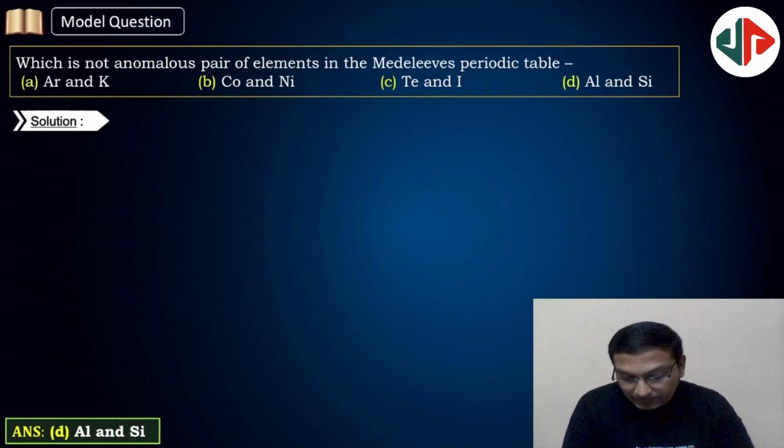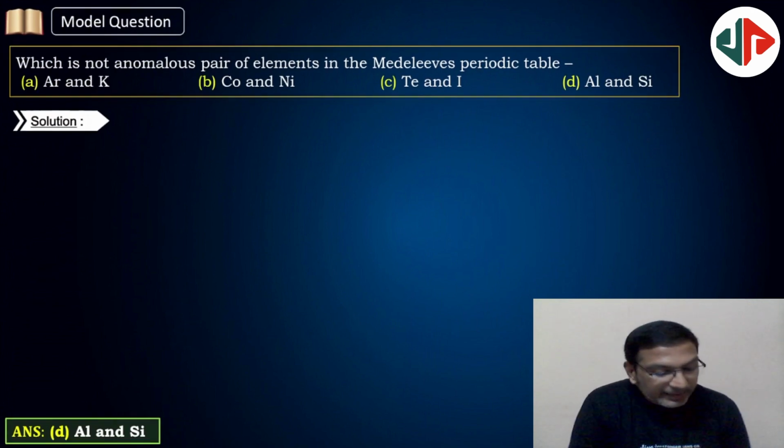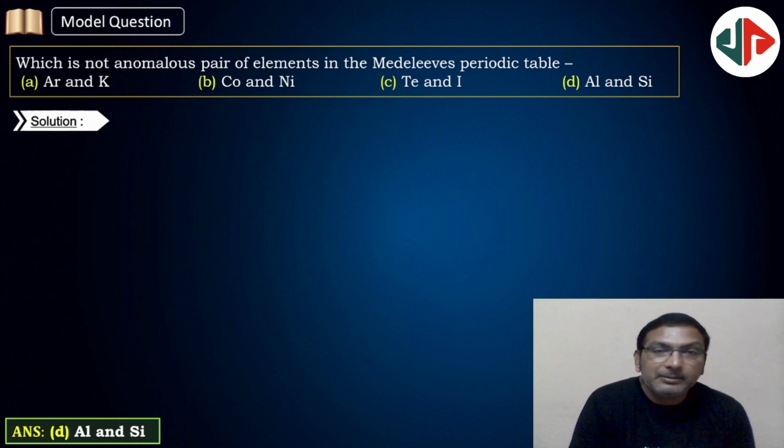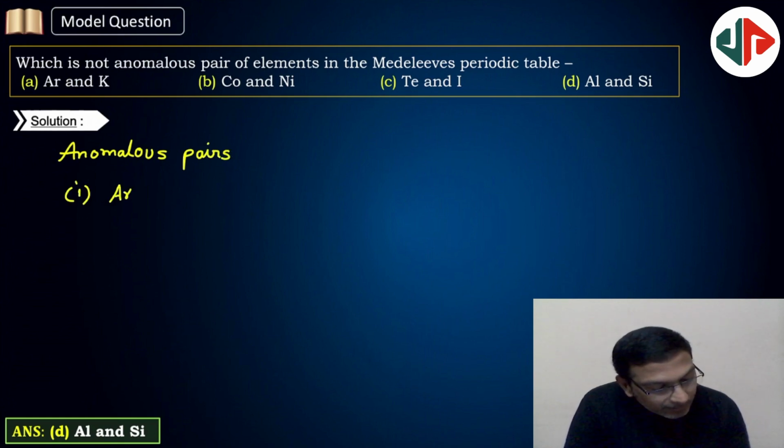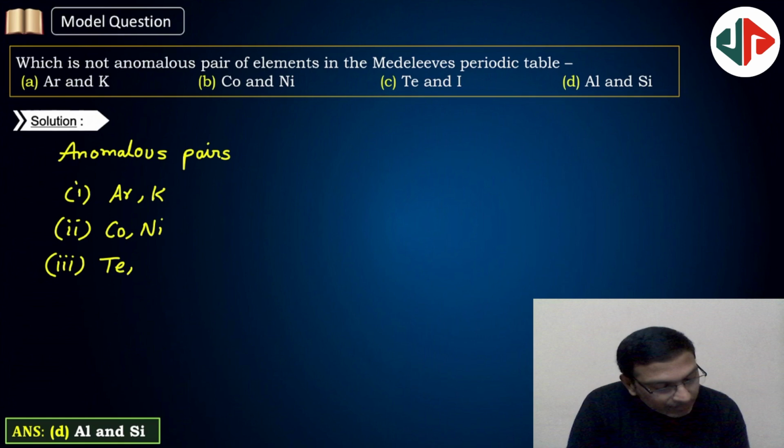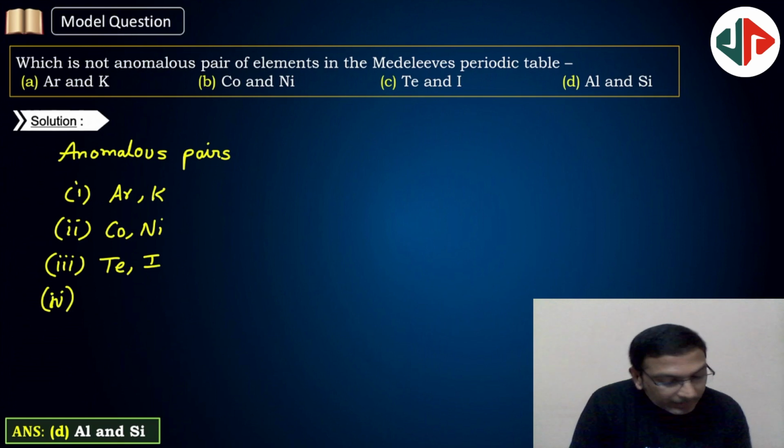So very important. Which is not an anomalous pair of elements in Mendeleev's periodic table. Anomalous pairs are first argon, potassium. This is one pair. Cobalt, nickel, second pair. Tellurium, iodine, third pair. Next, thorium and protactinium.